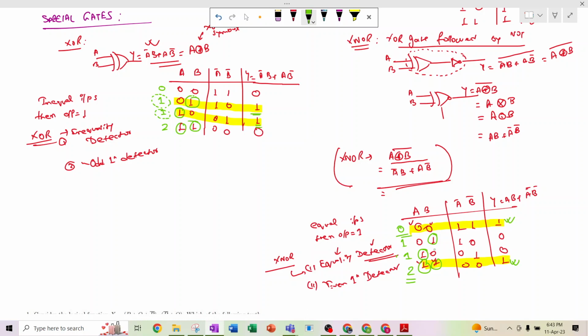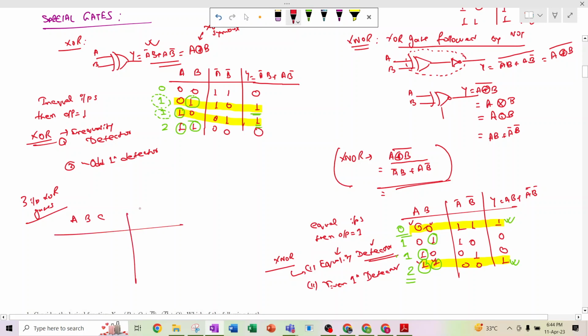Now I will discuss a few more things about these gates. Suppose in the case of an XOR gate there are 3 inputs. So for a 3-input XOR gate, how will the output be?